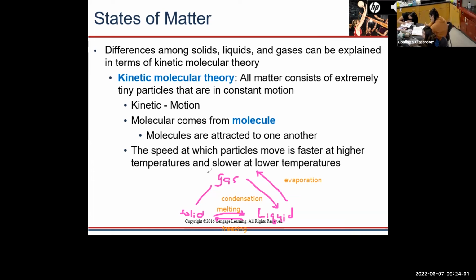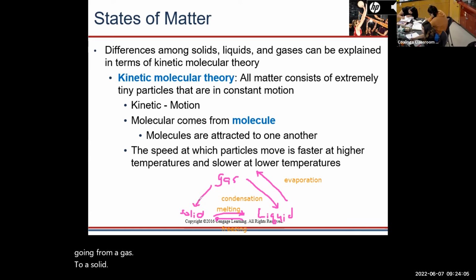Going from a gas to a solid? It's called deposition.